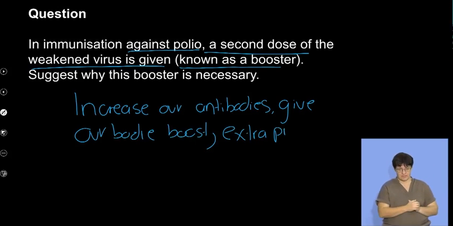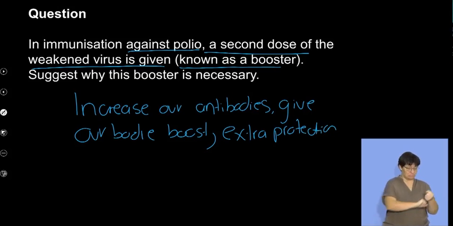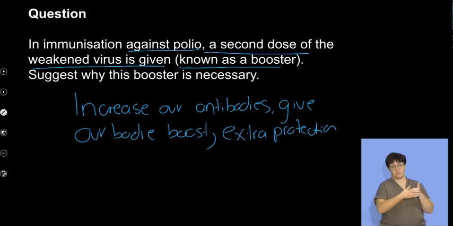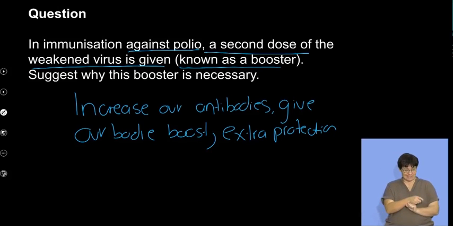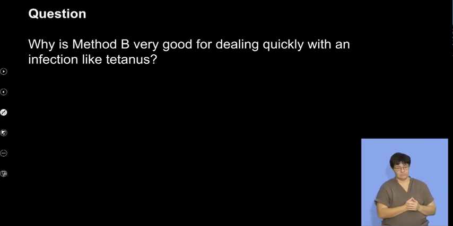Maybe as I get older, the antibodies might not be enough, so when I get given a booster, it helps with the protection. When we talk about the COVID vaccine, some of them need boosters. The first one helps, but the second one makes sure that we get that extra protection.